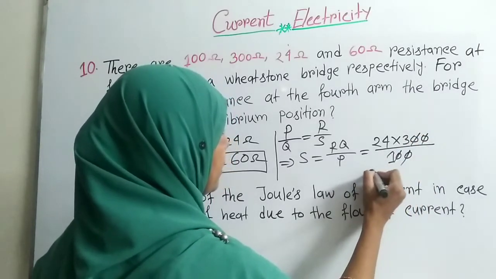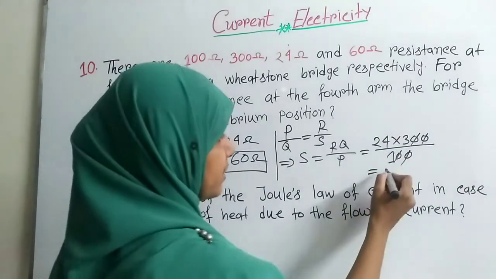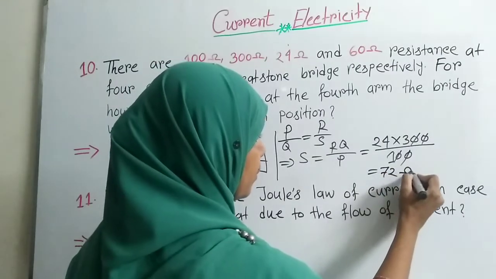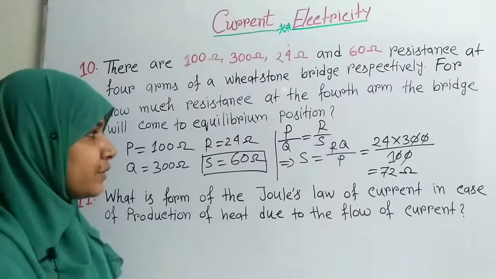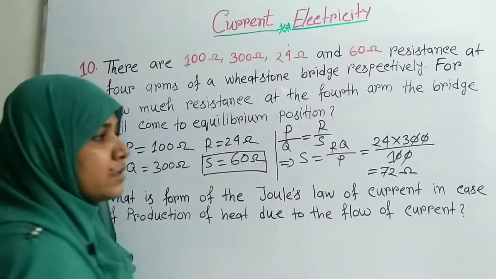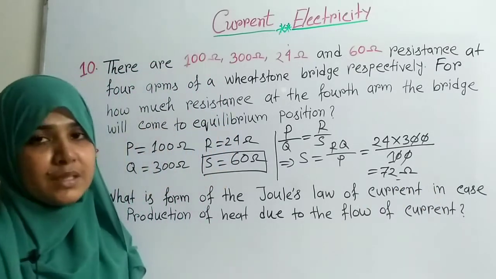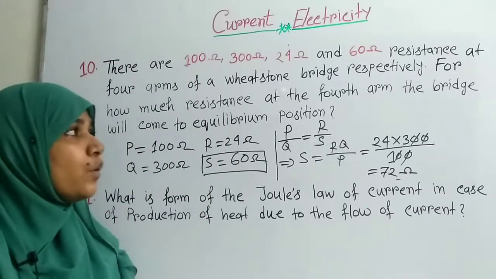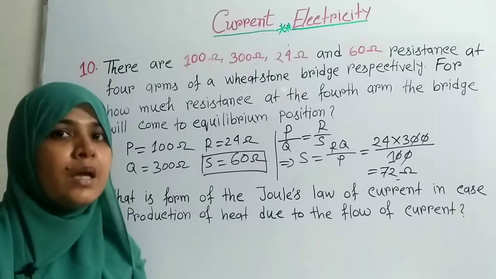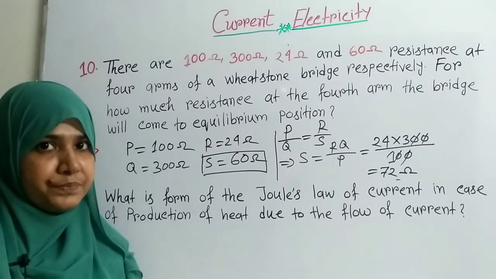So the answer will be 72 ohm. That means instead of 60 ohm, if we add 72 ohm resistance at the fourth arm of this Wheatstone bridge, then the bridge will be in equilibrium position.